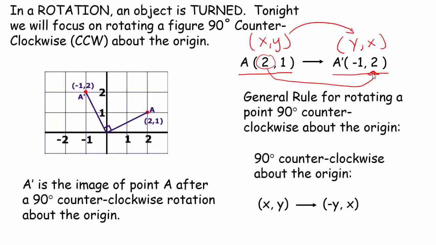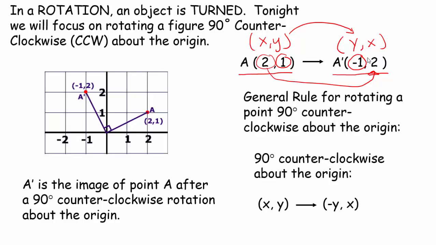Now notice what happens to the Y though. Here, it's a +1 in my original point. In my image, it became a -1. How am I ever going to remember to change the sign on the Y?